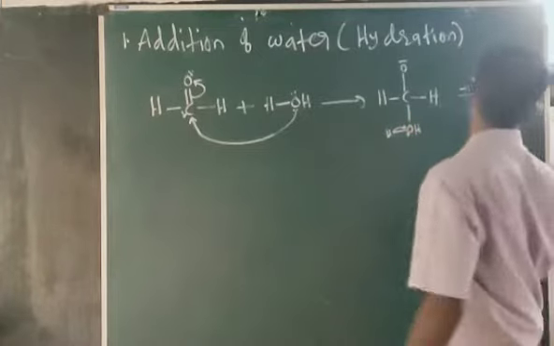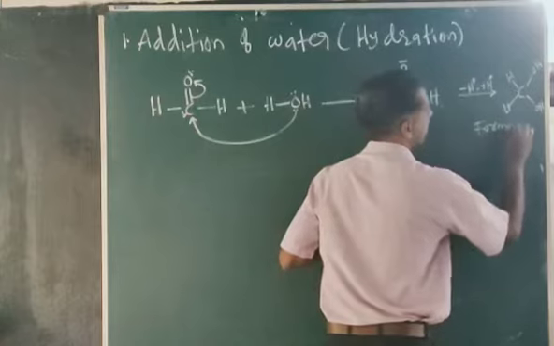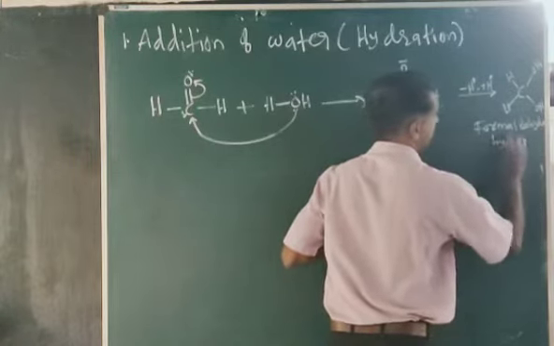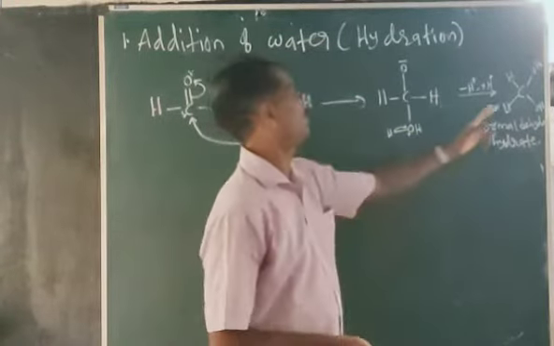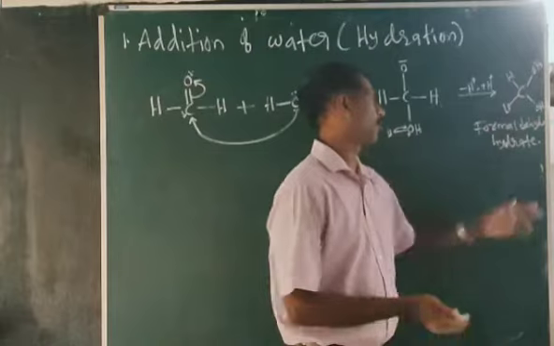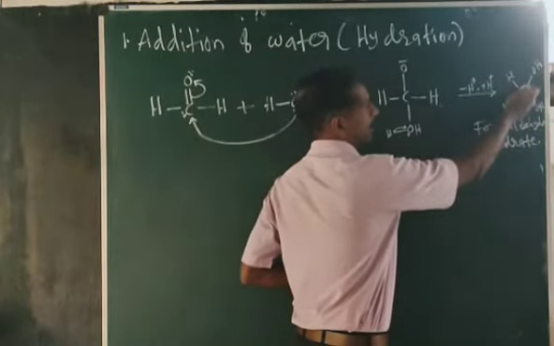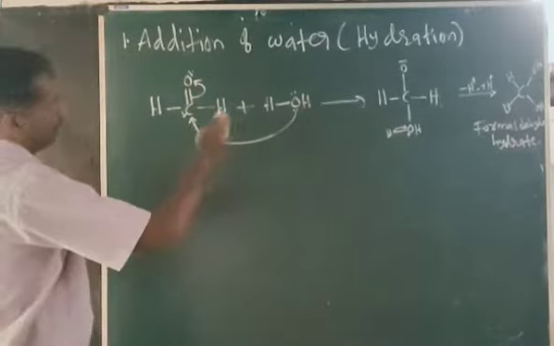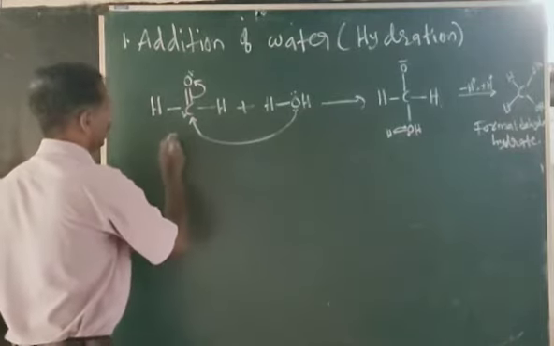And this is known as formaldehyde hydrate, or you can call it methane diol. Formaldehyde hydrate, or this is known as the one-carbon alkane, methane diol. Okay. Another example, if I take this is formaldehyde.